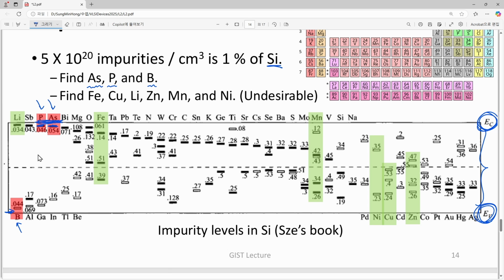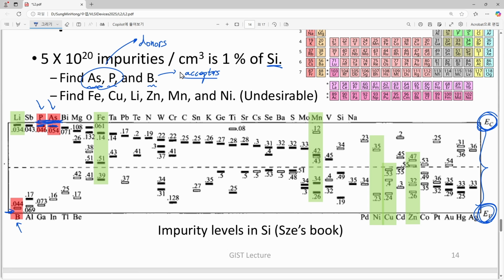So the electrons originally located in a phosphorus or arsenic atom can easily move into the conduction band, so they can be used as electron donors. And boron can accept electrons inside the valence band, so it can be used as an acceptor of electrons. So it can be used as a p-type dopant.